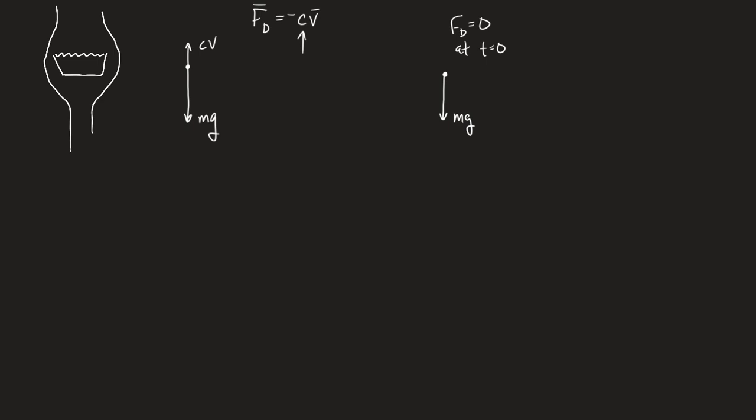So, sometime later, just an instant or two later, the object, because it has accelerated, will still have the same weight downwards, but now will have a small force upwards representing the force of drag.